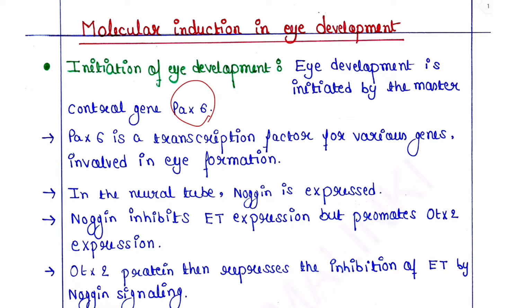In the neural tube, noggin is expressed. So in the neural tube, we will see that noggin is expressed, and noggin inhibits ET expression. ET is one more gene. So noggin inhibits the expression of ET but promotes OTX2 expression.